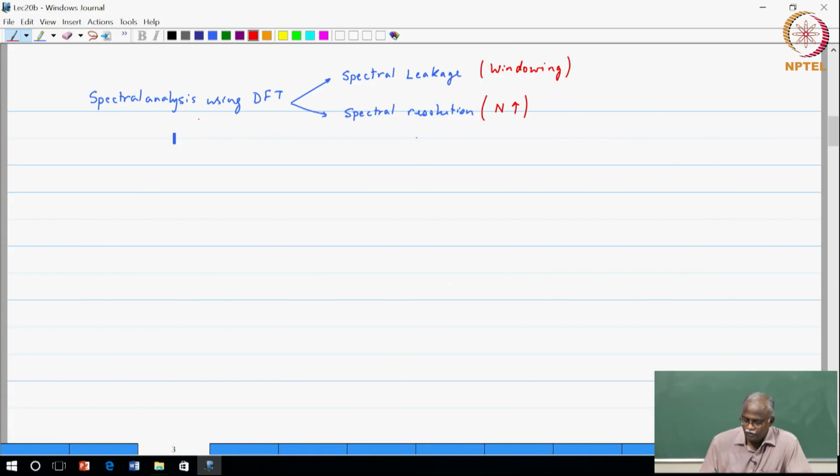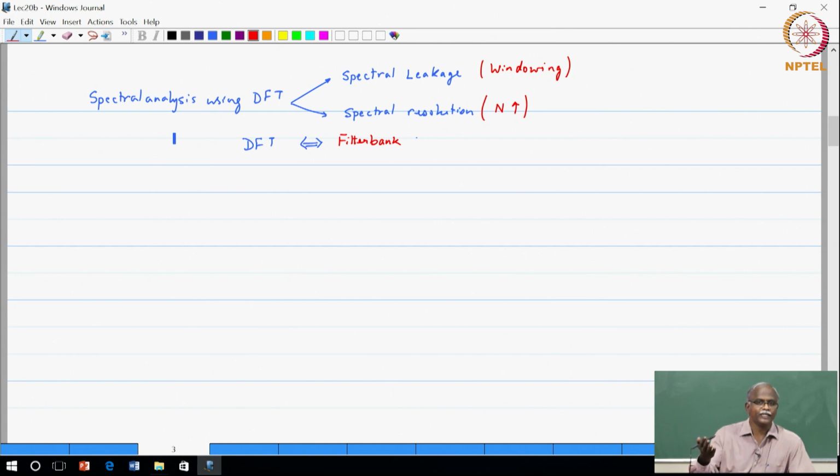So, maybe the way to look at it is that we do a DFT operation, but there is an underlying filter bank function that is actually being carried out, and it is good to always link the fact that why spectral leakage occurs, how do I get more spectral resolution. Those are elements that you can obtain from the filter bank concept.